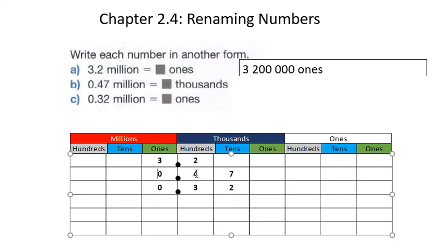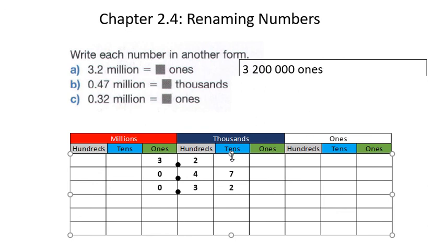However, the question's asking how many thousands are there? So I only have to look in this particular grouping, just the thousands. I'm not looking at the ones for this one. If I look at the thousands, there's an imaginary zero here as a placeholder. So it would be 470 thousands.